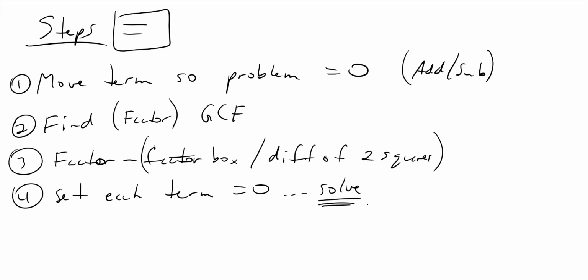Okay. All right. So let's do a problem here that's got kind of all this stuff in here. I'll do it with everything in it. So I'll do 2x cubed plus 6x squared equals 8x.